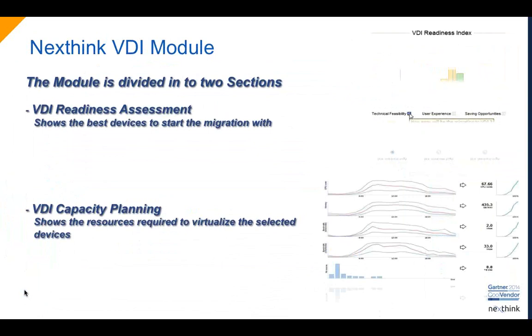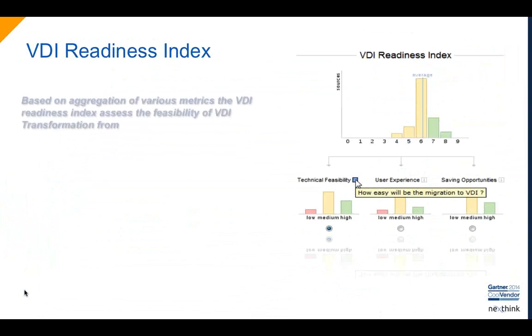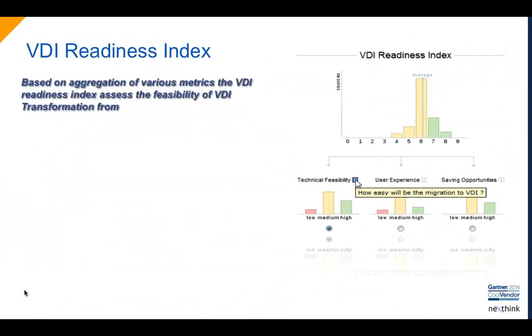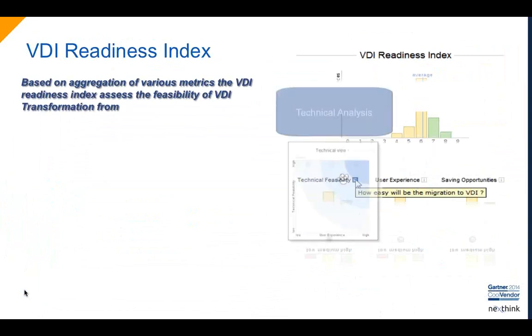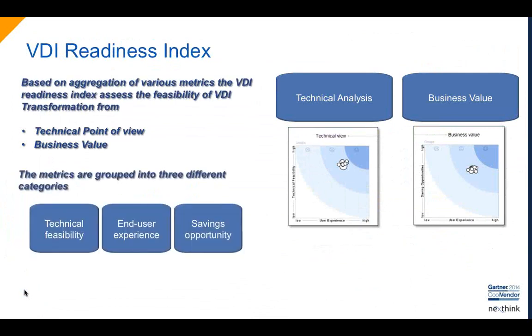So let's go there in detail. The VDI readiness index, what is it? Based on aggregation of various metrics, the VDI readiness index assesses the feasibility of VDI transformation from technical visibility and business values. We have different metrics, grouped into three categories: technical feasibility, end user experience, and saving opportunities.